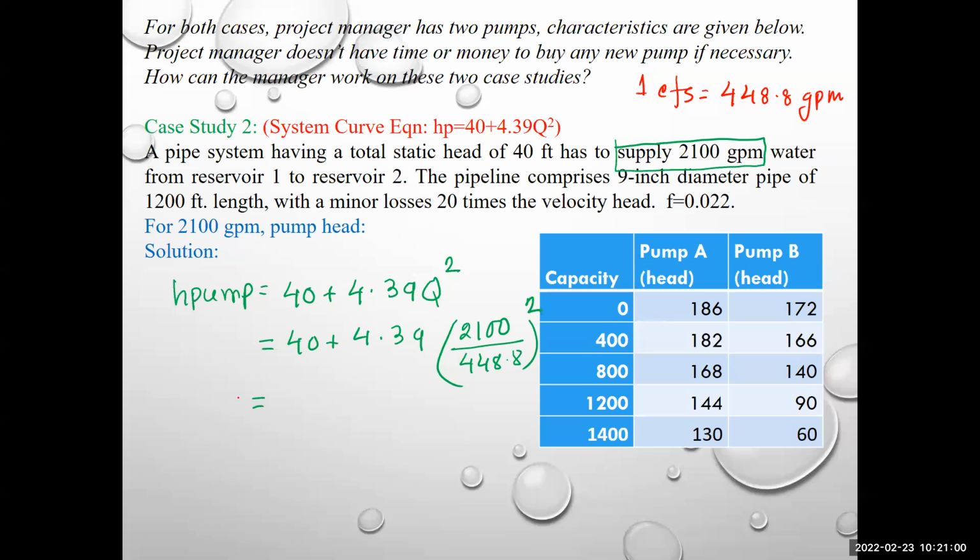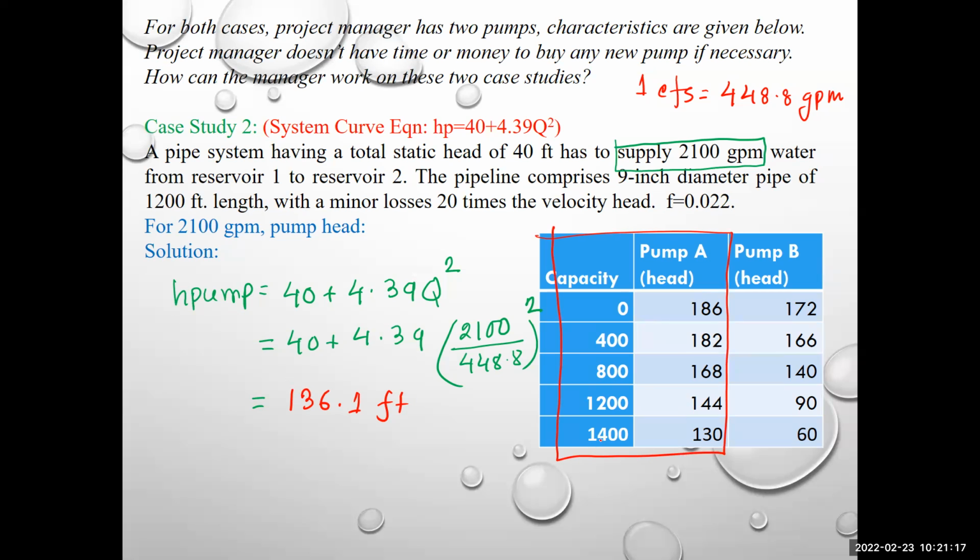Okay. So what is the pump head you got from this one? 136.1 feet, right? Yes.